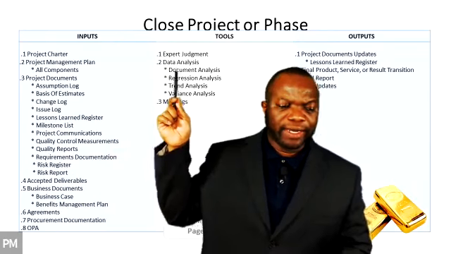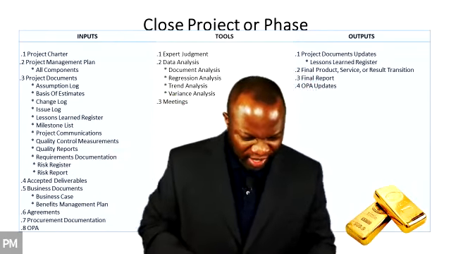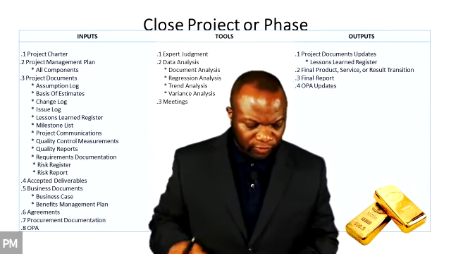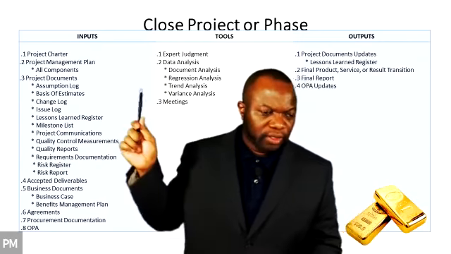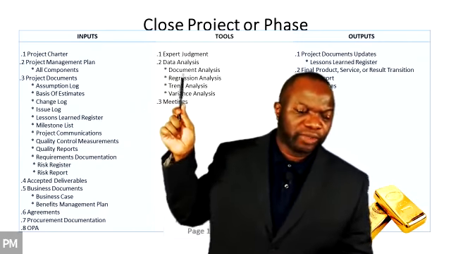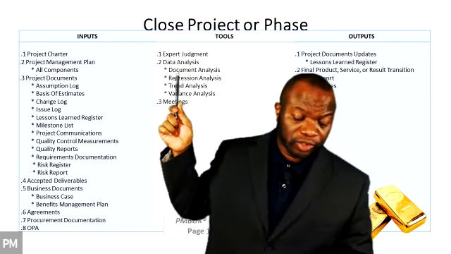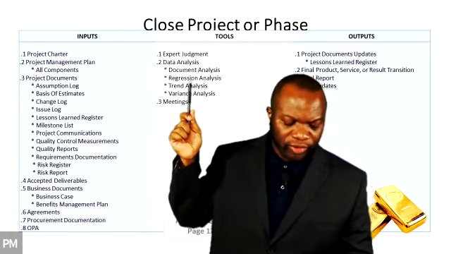Now, these are the analyses I mentioned earlier. Let's take a look at why they are so important. So, follow me to page 126. Document analysis, we've talked about this. We're going to analyze documents not only to glean lessons learned, but to close out all of those documents. Then we've got regression analysis.